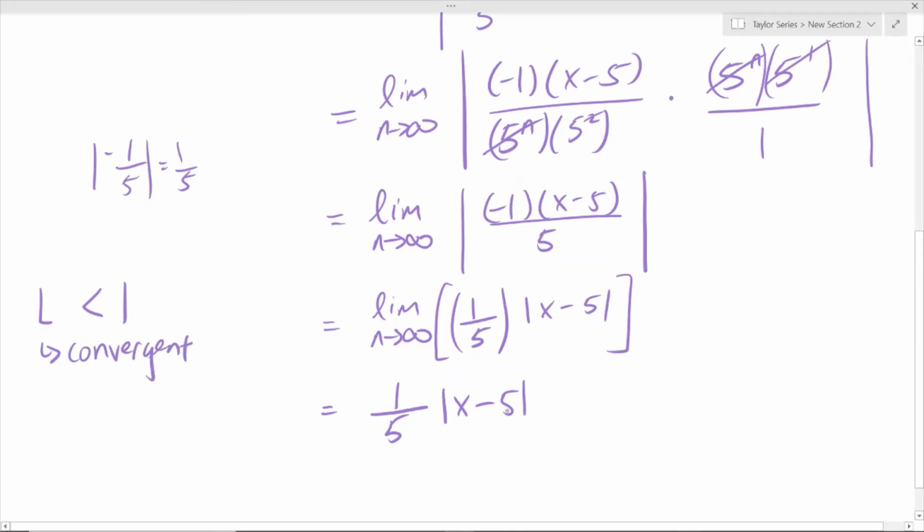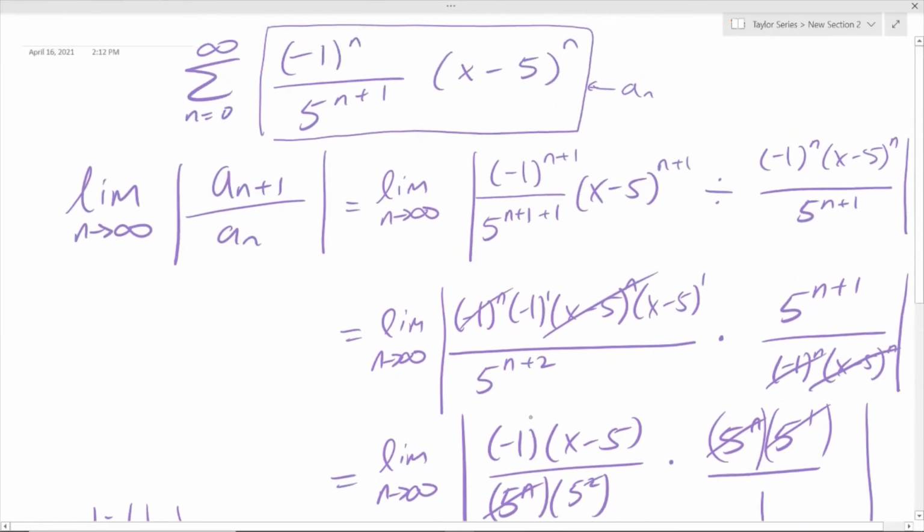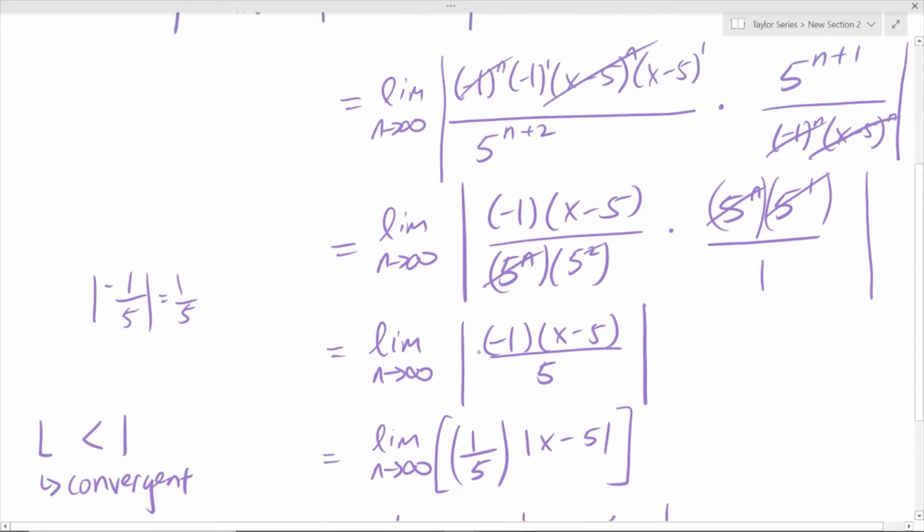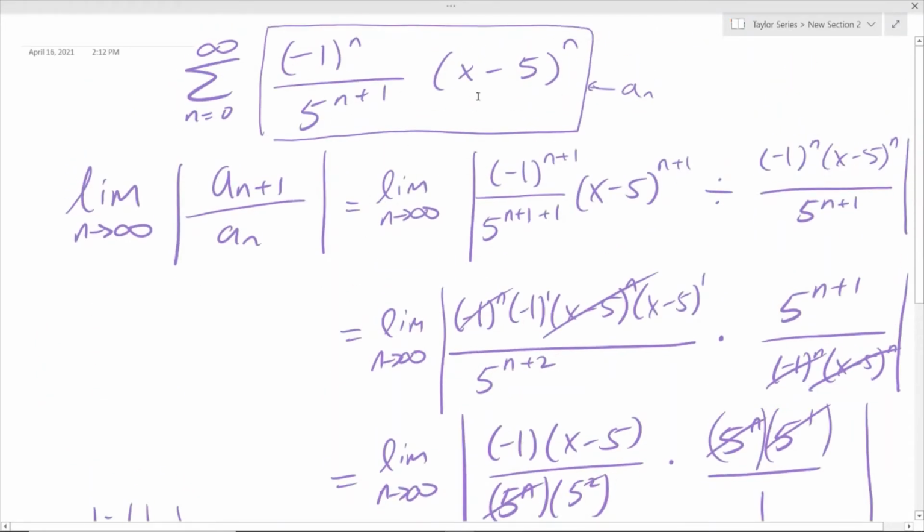So we want to ensure that it's convergent, because we are, after all, finding the radius of convergence and the interval of convergence for this. So we take this and say that this whole thing is our limit, so it has to be less than 1 in order for the series right here to be convergent.